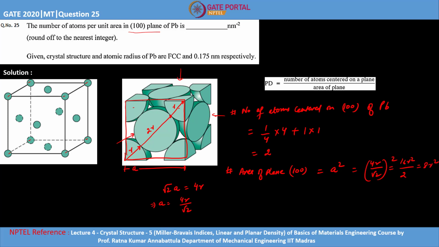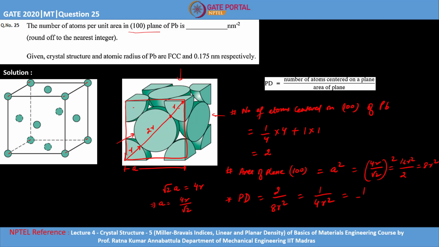So the area of plane 100 is equal to 8R square. Now we got the area, we got the number of atoms centered on 100 plane. So now we'll calculate the planar density, right? Planar density will be the number of atoms centered, which is equal to 2 here, and the area of plane 8R square. So it will be equal to 1 upon 4R square.